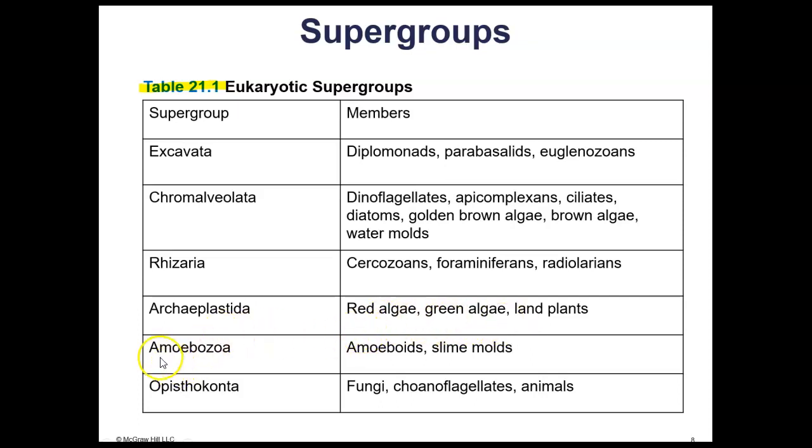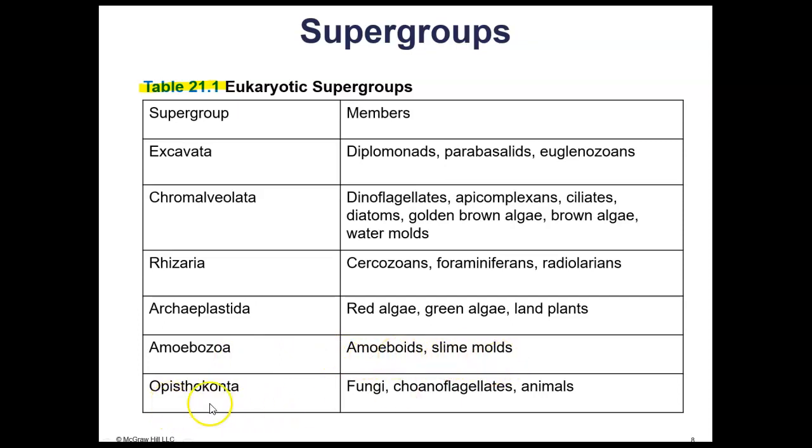Then you have the supergroup Amoebozoa, which includes the amoeboids and the slime molds. And the slime molds are plasmodial and cellular slime molds. But anyway, they're all called slime molds. Okay, so the Amoebozoa are the amoeboids or amoeba and the slime molds.